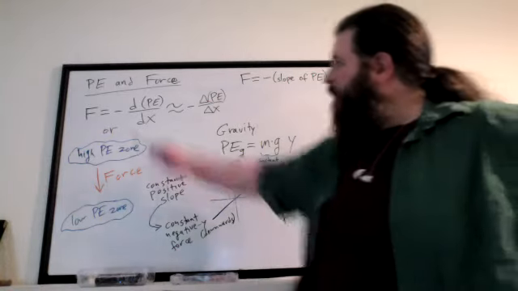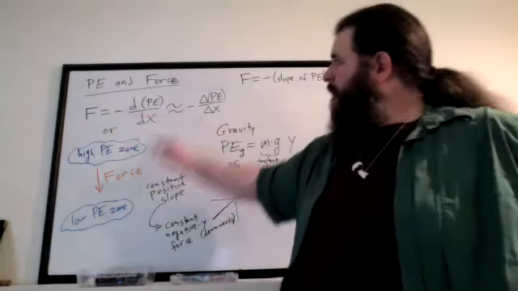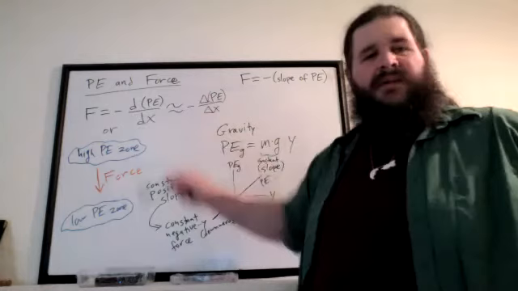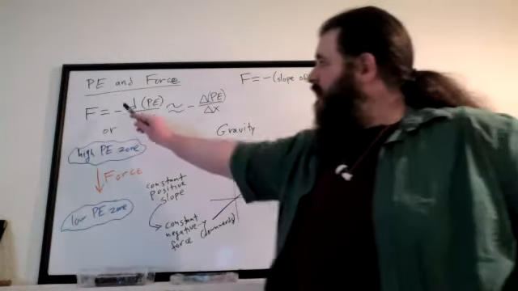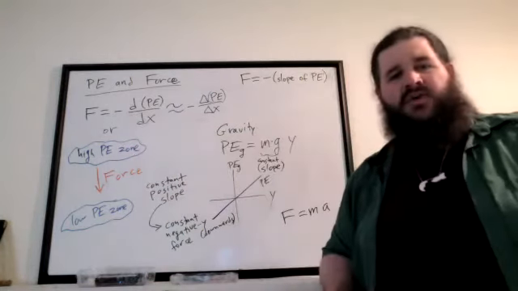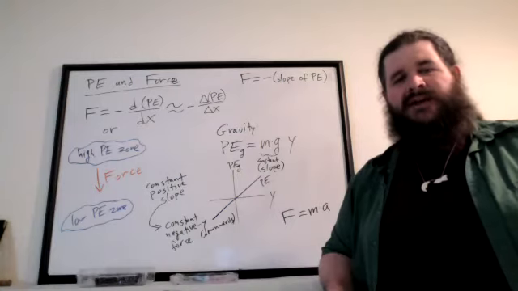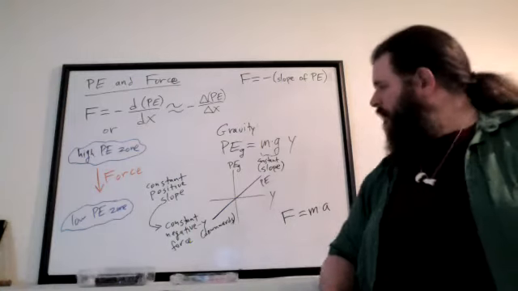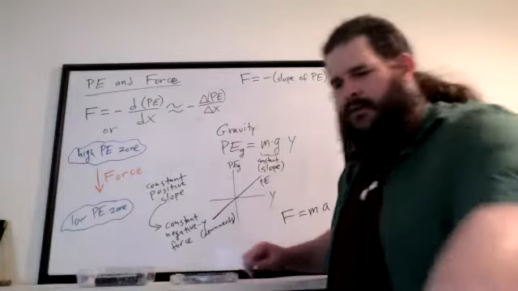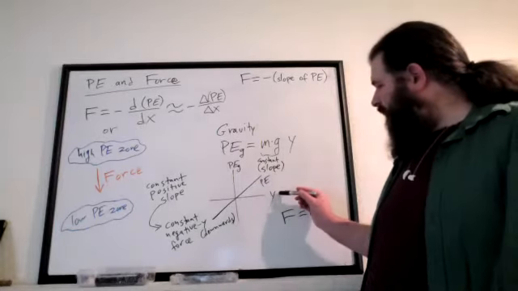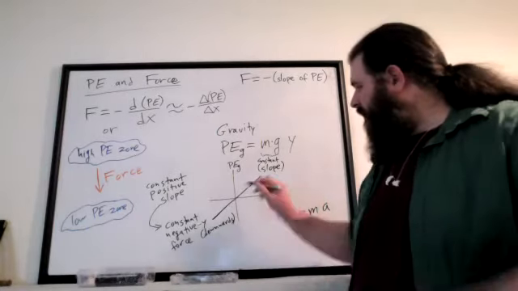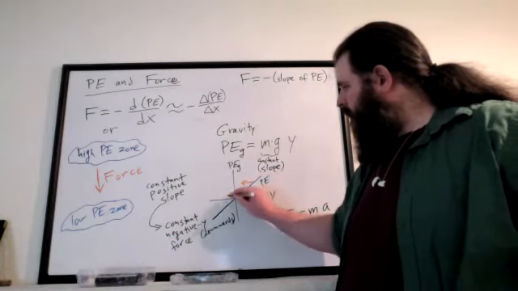In fact, that's really what this negative signifies. Derivative of potential energy is talking about how the potential energy changes. The negative sign means in the direction towards lower potential energy, in the direction of decrease. For example, here, the force is pointing in the direction of decreasing y, the negative direction.